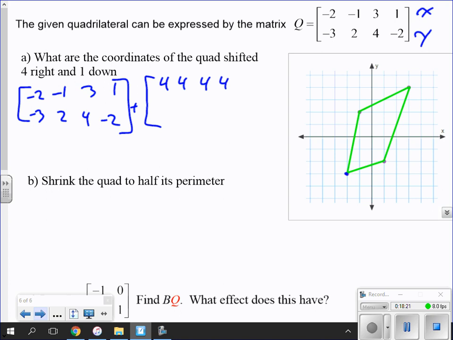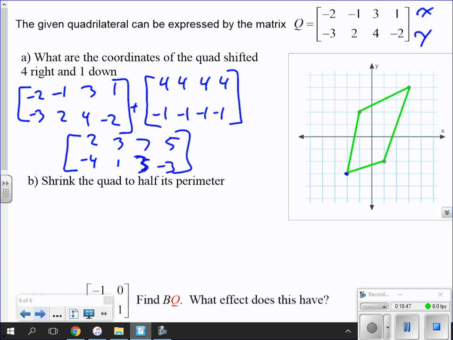And then 1 down means I add negative 1 to every y coordinate. I move every y coordinate down 1. That will give me the new quadrilateral: 2, negative 4, 3, 1, 7, 5, sorry, 7, 3, and then 5, negative 3.